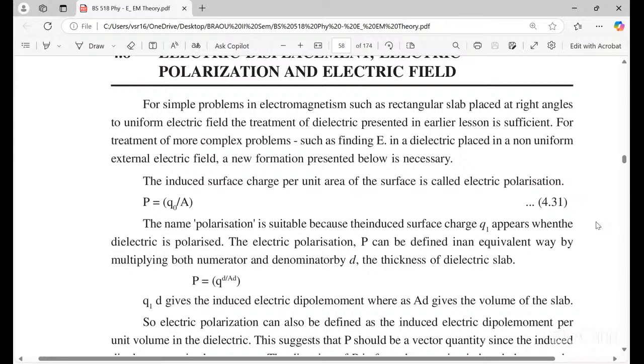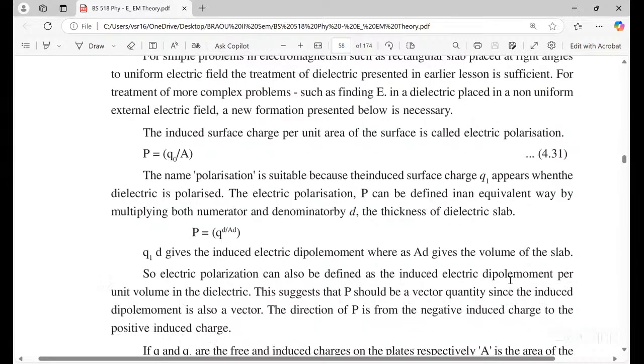As well as here, if you introduce a dielectric slab between them, having thickness small d, that is also to be given.